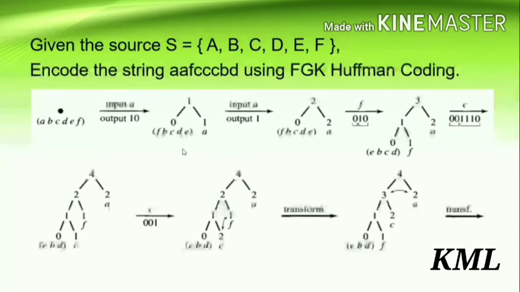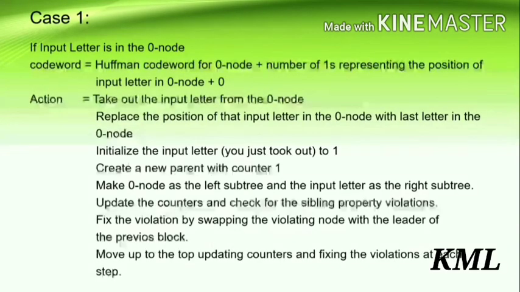Okay, so this is the action you have to take after you write the code word. So we have created a parent with counter 1, and we have made the 0 node the left subtree and that input letter the right subtree. Okay, so now we have to update the counters and check for the sibling property violations, and fix the violation.